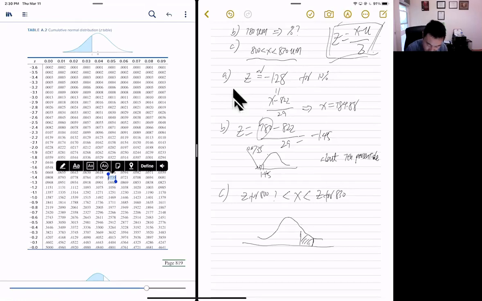Let's say this is z1, z2. From table 8.2, for the larger z-score, z2, we find the area on the left-hand tail, then minus the area on the left-hand tail of z1. So this minus that will be the area in between. Same trick.